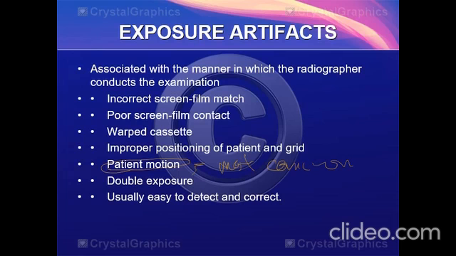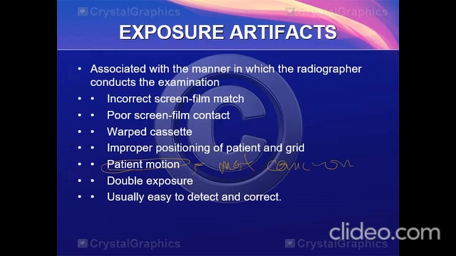Because if you use longer exposure time, so the patient, for example, in chest x-ray, cannot hold his or her breath that long. So, ang mangyayari is, talagang hihinga yung patient, and that will result to blurring.